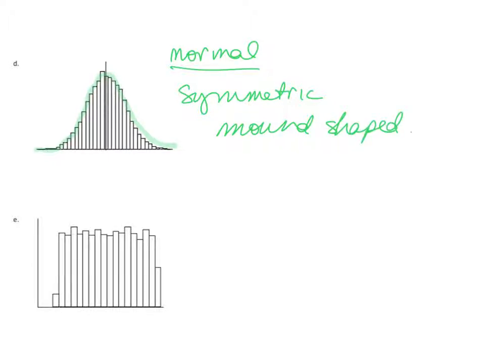Okay, I'm not sure what's going on here with this next one. Like, it looks like a box, right? So this distribution is not approximately normal.